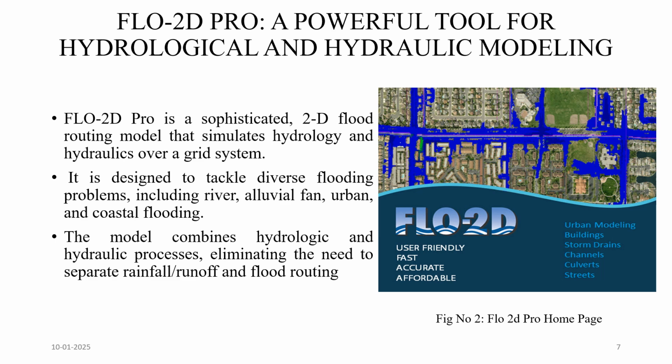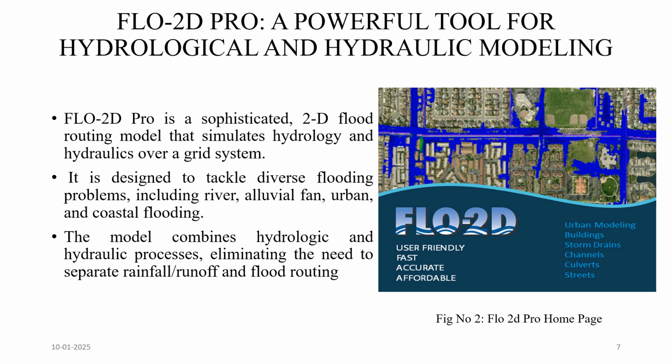It is widely used for flood hazard mapping, risk assessment, and infrastructure design. The software's grid-based approach allows for detailed simulation, making it ideal for complex flooding scenarios. Flow 2D Pro supports decision making by providing accurate flood prediction, which is critical for urban planning, emergency response, and long-term climate adaptation.